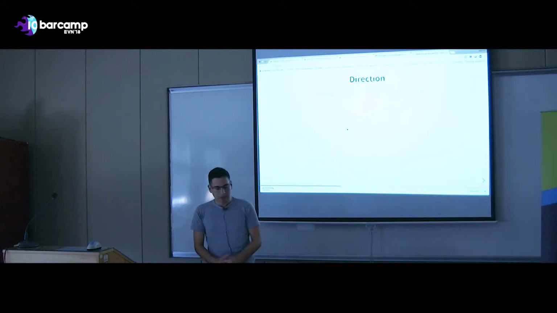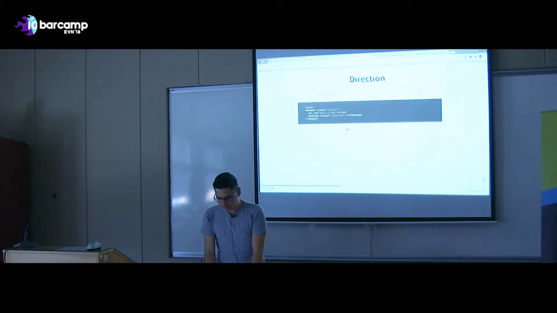And here I have a couple of examples, some practices that I would like to share with you. Basically, here I have a header with menu items and a hamburger menu right here.